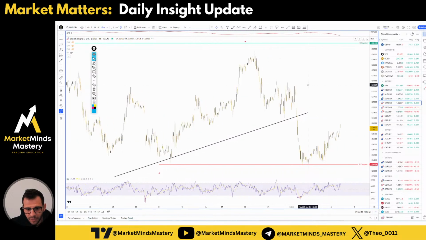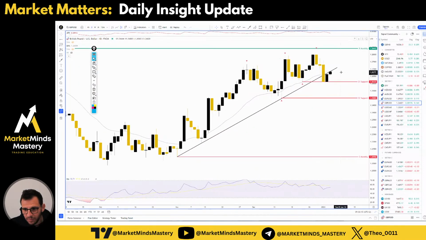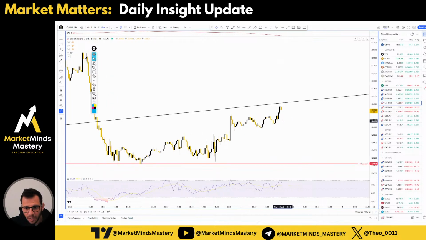If we extend this trend line, we have to extend it on the daily chart a little bit. So here is what the market shows in this time frame.